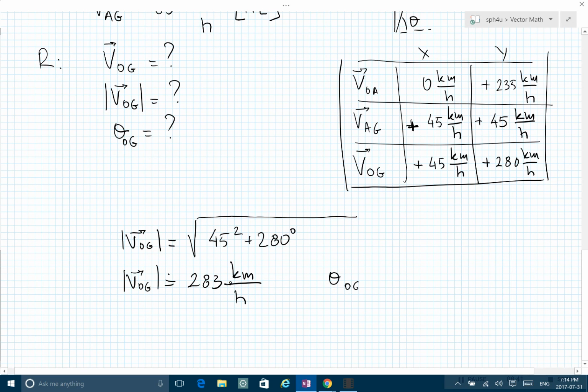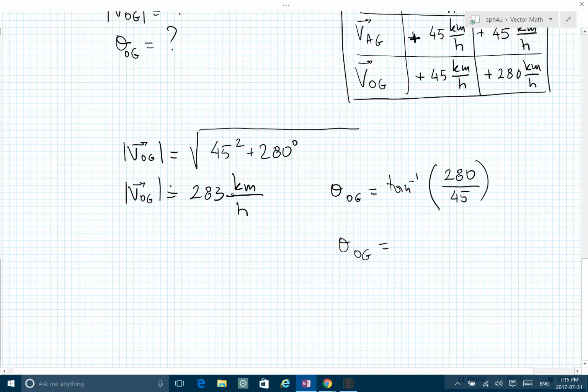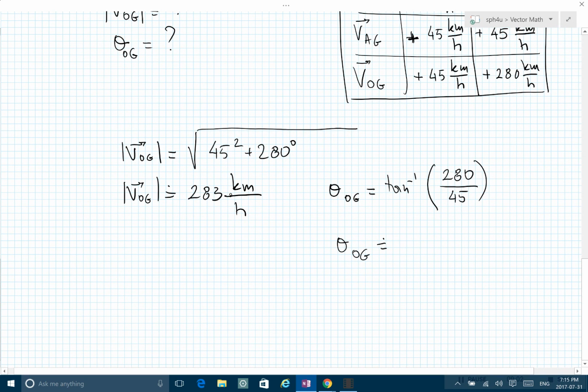And the angle that the airplane is going to make from the ground point of view is inverse tan of 280, or VOGY, over 45, or VOGX, and the angle is approximately 80 degrees. Could be more, could be less, but again, it's just to make a point.